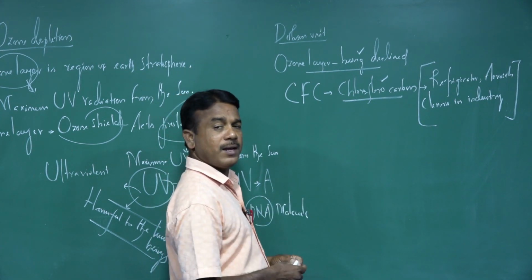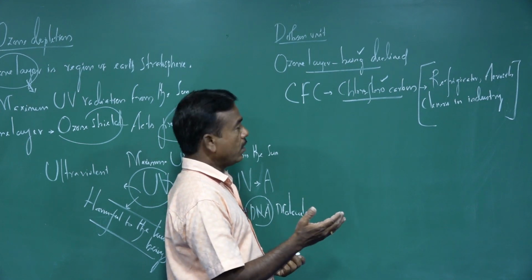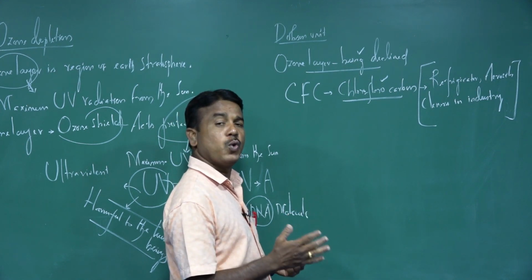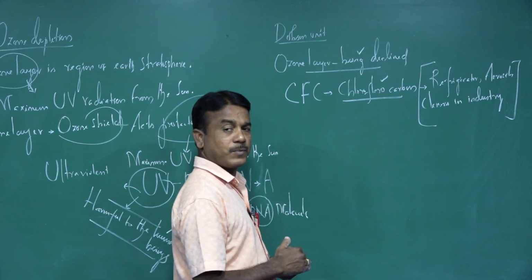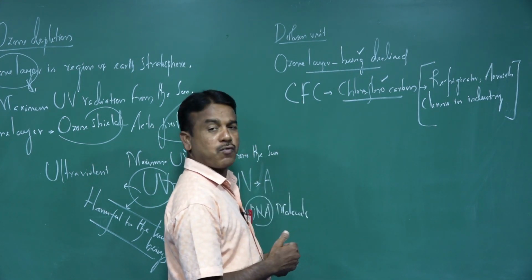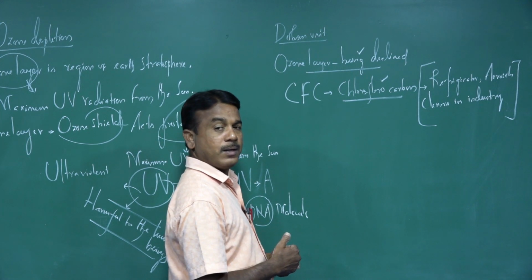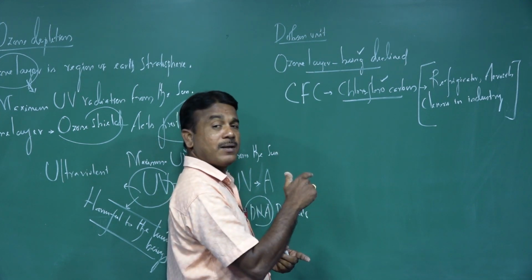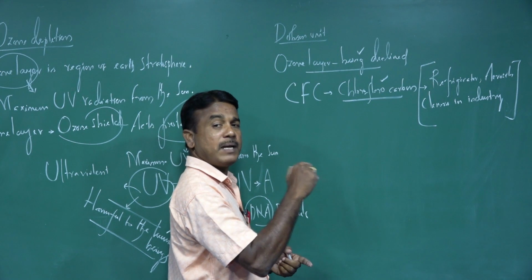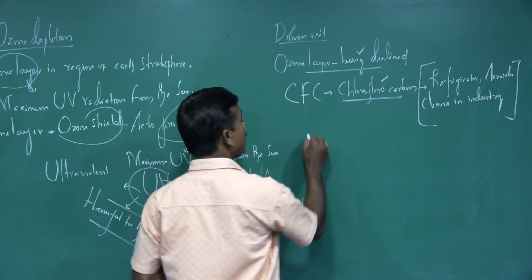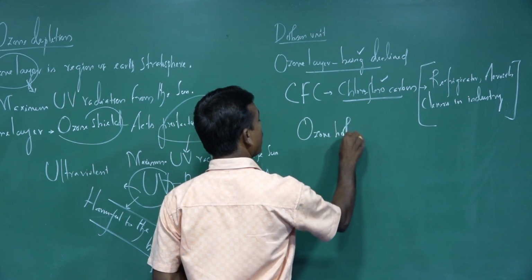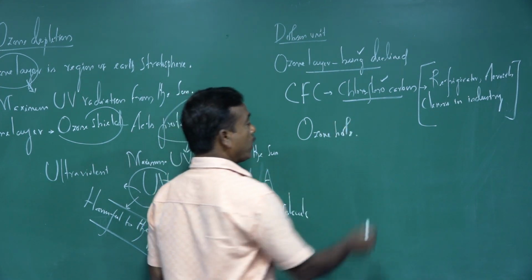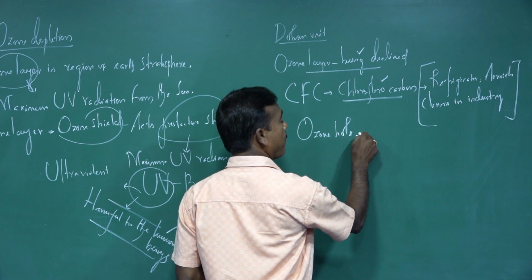The thickness of the ozone layer is much affected due to the presence of chlorofluorocarbon. In the presence of chlorofluorocarbon, the thickness of the ozone layer makes a hole. That is commonly called the ozone hole. That ozone hole does not happen in every place.